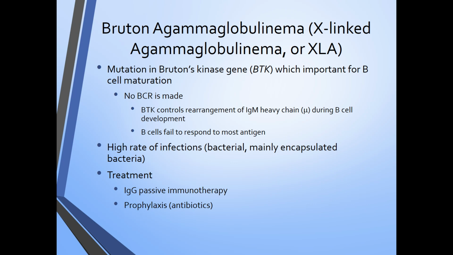Treatment of these patients is usually IgG passive immunotherapy. So you give human gamma globulin to provide immunity against many of these bacteria. In kids, you may be concerned with certain agents such as respiratory syncytial virus, which is very common and very problematic for a child who doesn't have a good antibody response because of this defect.